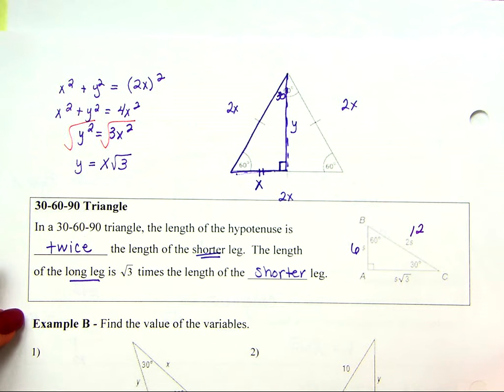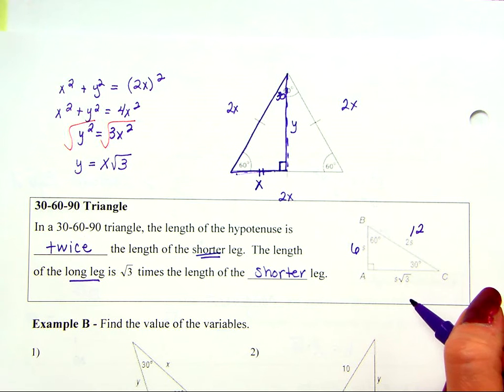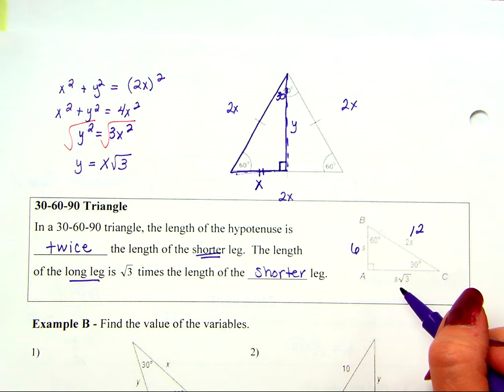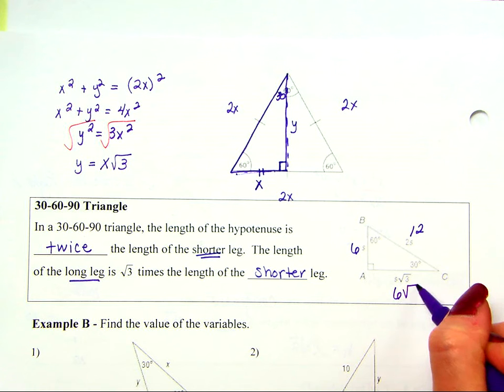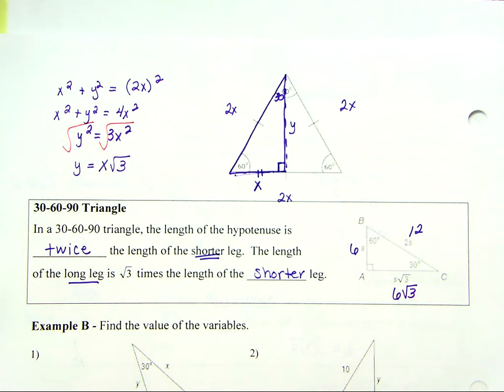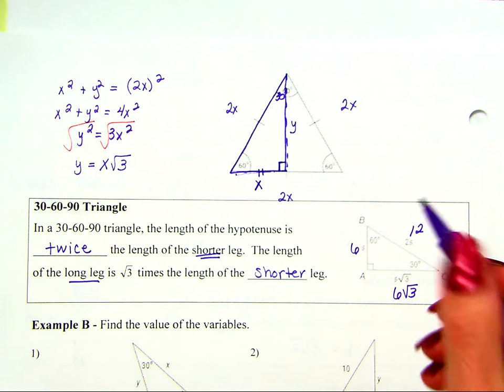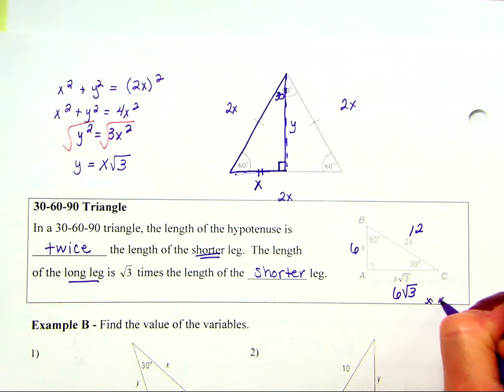It's simply double. My long leg is going to be about 1.7 times bigger. So I could take that short leg and say it was 6 root 3. Now that really means 6 times the square root of 3. If I took 6 times the square root of 3, I'd end up finding that that's about 10.4.